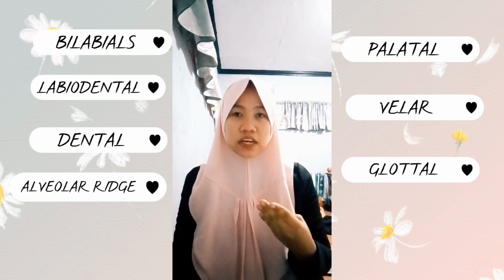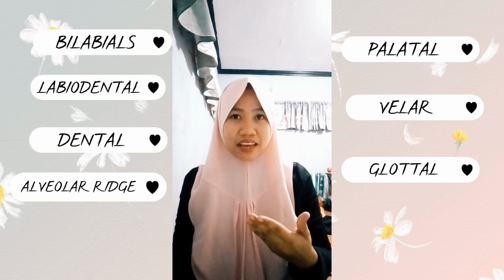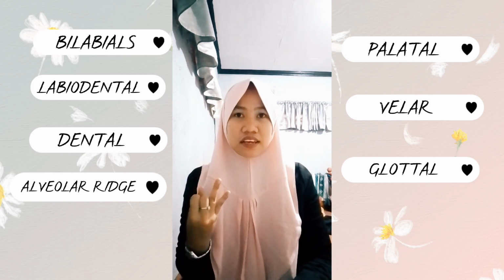Well, aside from those two lessons I have learned, places of articulation got my attention too. Places of articulation is about how you produce sounds, letters, and words. These are the seven places of articulation: bilabials, labiodentals, dental, alveolar ridge, palatal, velar, and glottal.